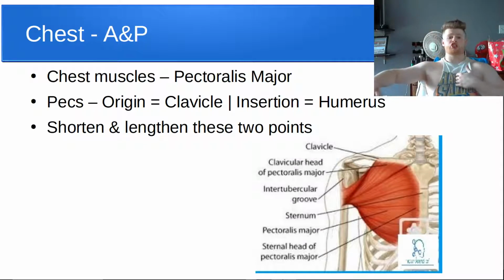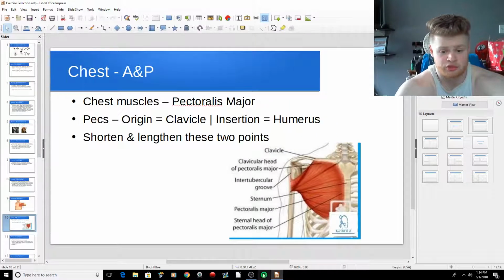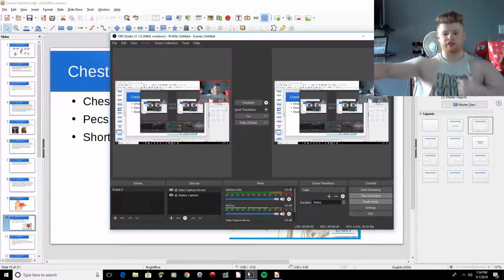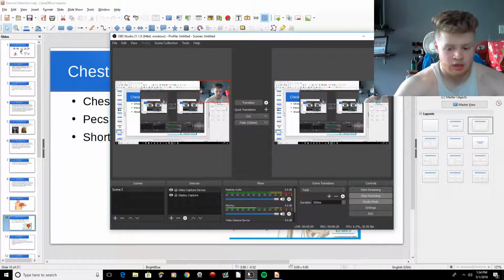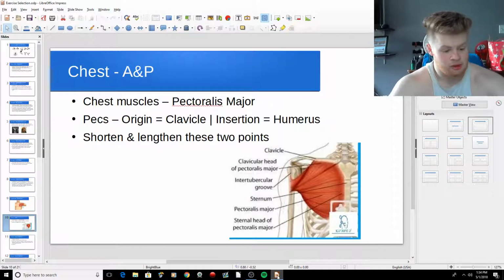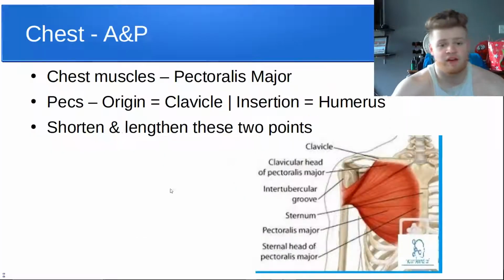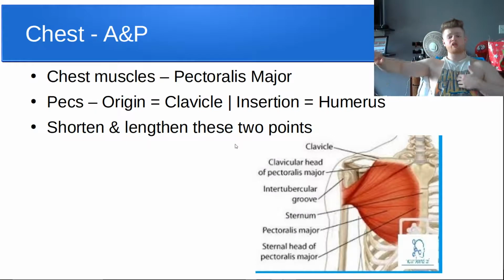So now if we look at the chest, I don't want you to think of a pec, I want you to think of 2 points, point A here at the clavicle and point B here at the humerus. Again, I'm going to back out just to make sure that you guys can physically see what I'm pointing at. Okay, we're in a good spot. Okay, so I want you to think of the chest as 2 points. Point A, the origin here in the clavicle, and point B, the insertion here in the humerus.